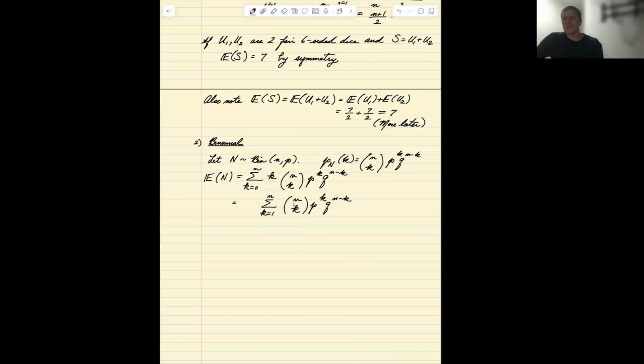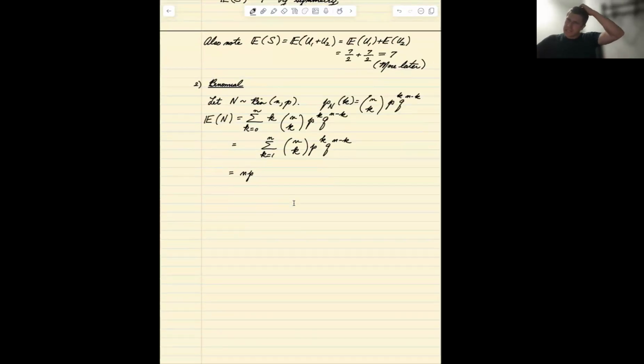So actually what I want to do is take an n out and a p out. It's a little bit of a trick, and you kind of have to just get used to doing this, which is that I want to manipulate this sum in such a way that the thing inside the sum adds up to 1.